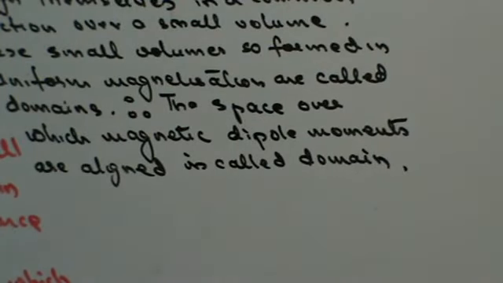What are domains? The magnetic dipole moments of the atoms in one domain are aligned in the same direction. Thus, each domain possesses some net magnetic dipole moment.